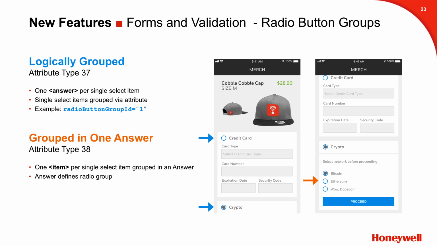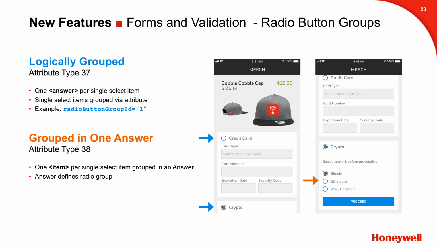Radio button groups can be logically grouped, but rendered in different places, or grouped in one answer. That is also a very convenient thing. I added an example on the right where you can order cobble merchandising, and first the user has to select how they would like to do the payment, either credit card or crypto.